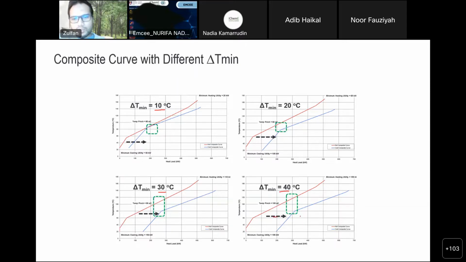The way you do that is you move this blue graph to the right or to the left to change the delta T between the hot and cold, and then you will see the corresponding values of the hot utility and the cooling utility change accordingly. You can see that if we increase the delta Tmin, we will have a higher heating requirement and also a higher cooling utility.